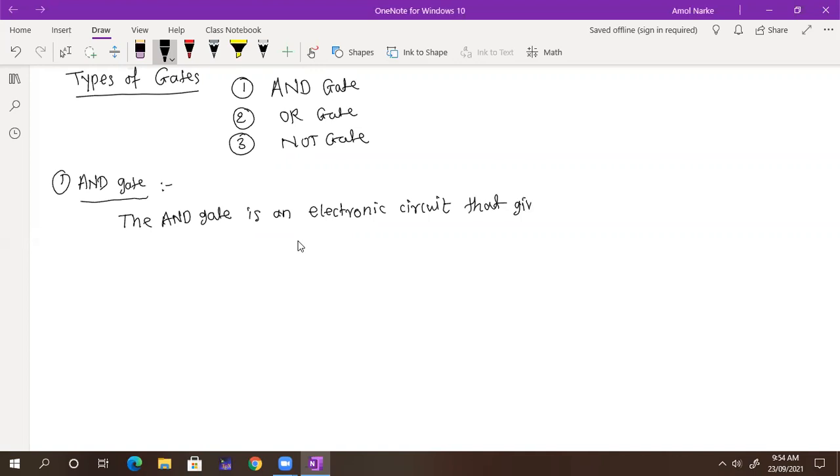That gives high voltage. High voltage is nothing but one. Only if all inputs are high.